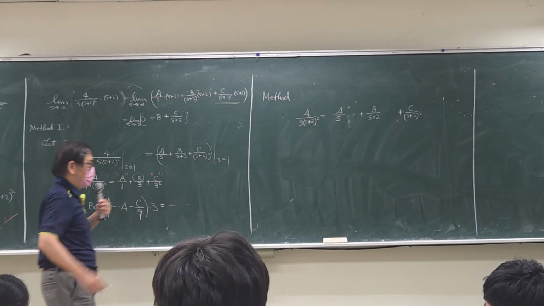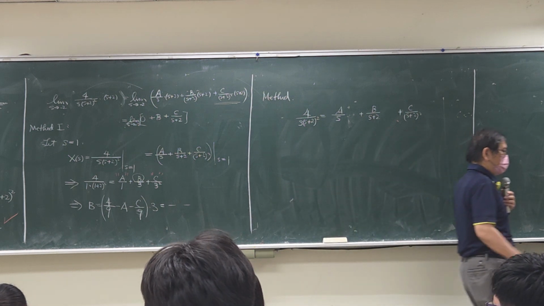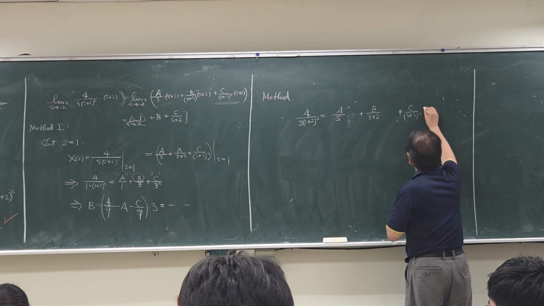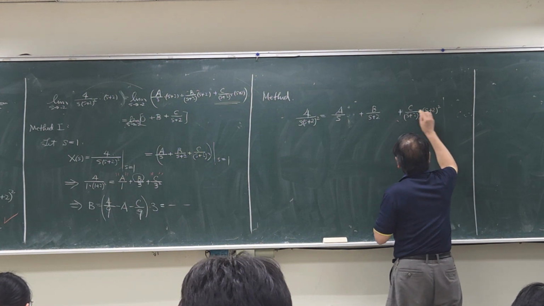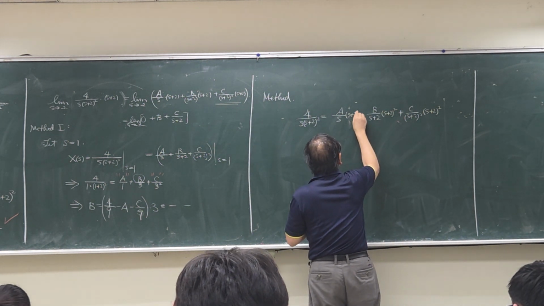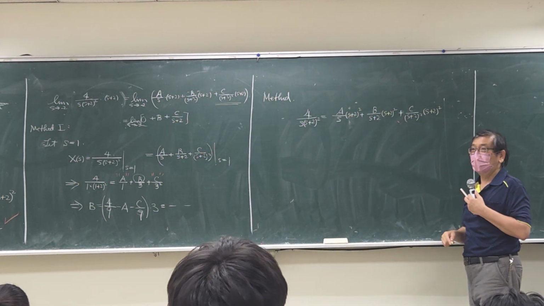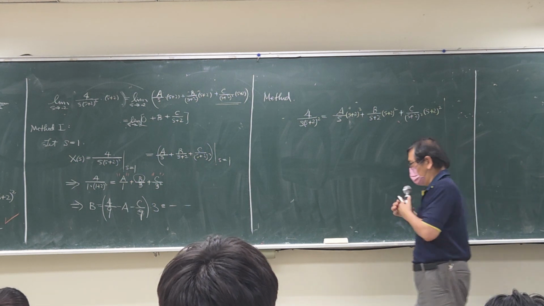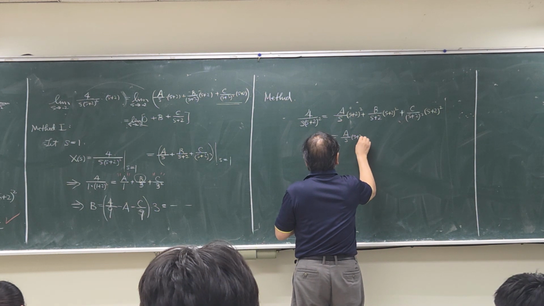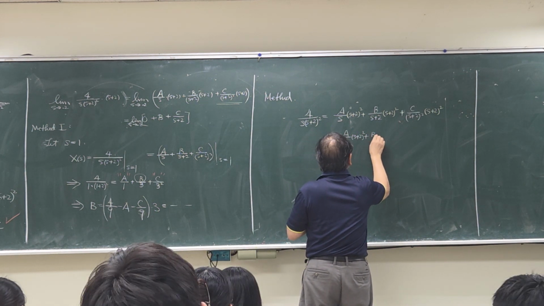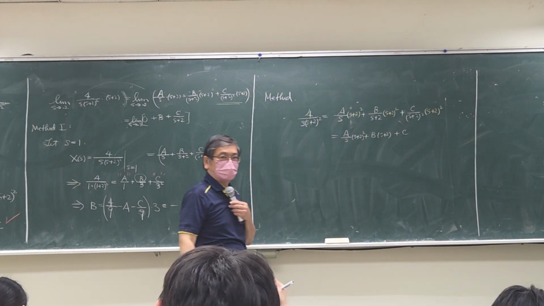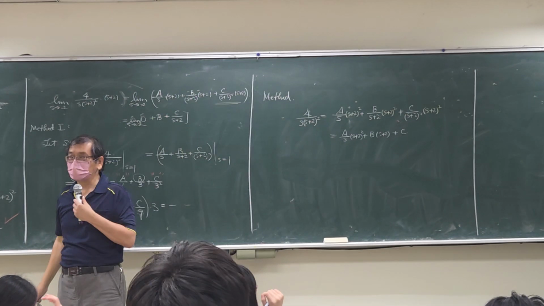So let's multiply the entire equality by (s plus 2) squared. So that's equal to A over S times (s plus 2) squared, and then B times (s plus 2), and then C.